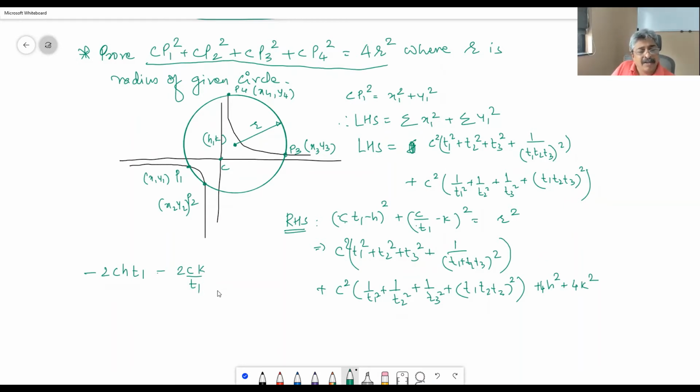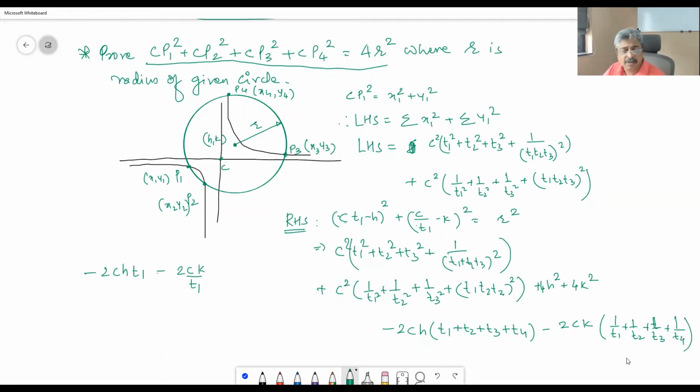Okay, and therefore all four added together we will have minus 2ch times t1 plus t2 plus t3 plus t4, minus 2ck into 1 upon t1 plus 1 upon t2 plus 1 upon t3 plus 1 upon t4, which I could write in place of t4, but anyway.